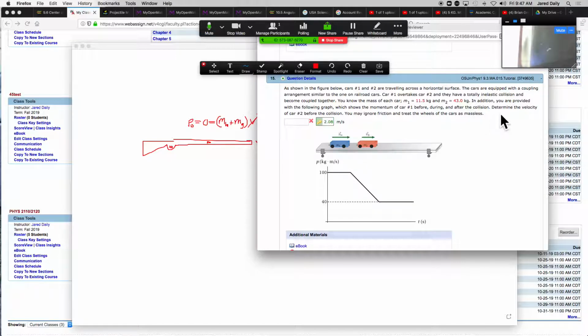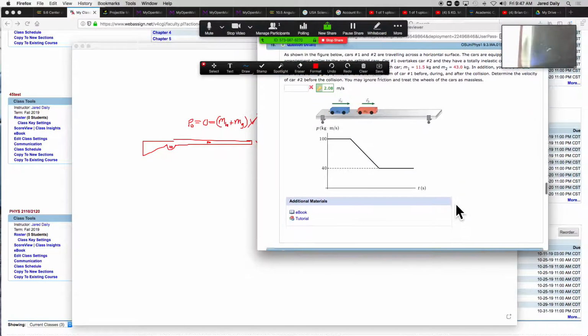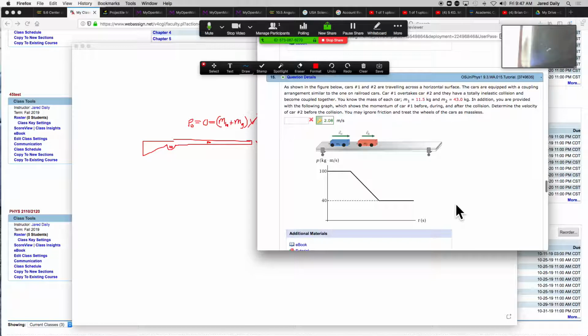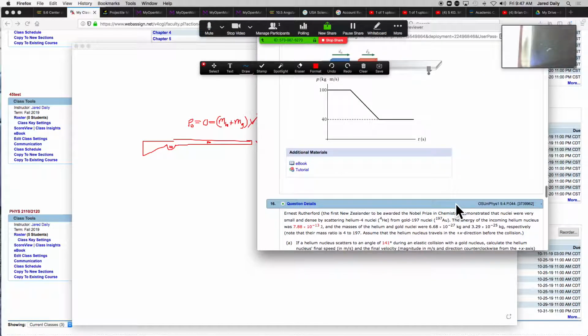It's totally inelastic, but the momentum changes.